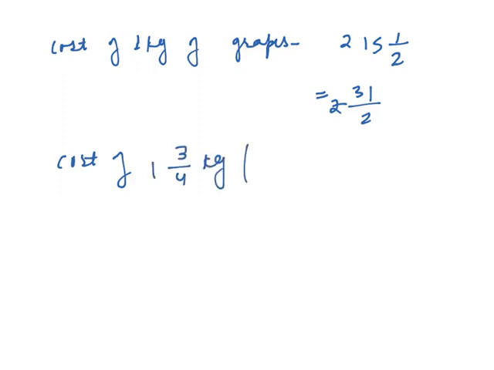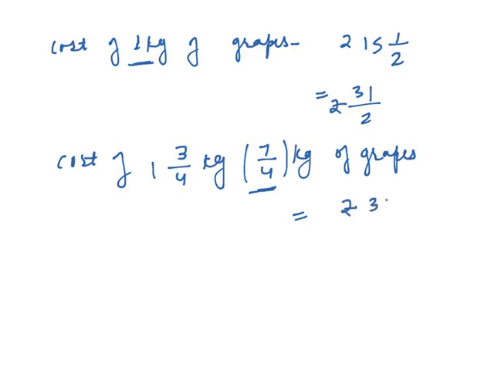It means 4 times 1 is 4 plus 3 is 7 by 4 kg of grapes. Similarly, we are given the price for 1 and we have to find the price for 7 by 4, so we will simply multiply. So we will get 31 by 2 times 7 by 4.